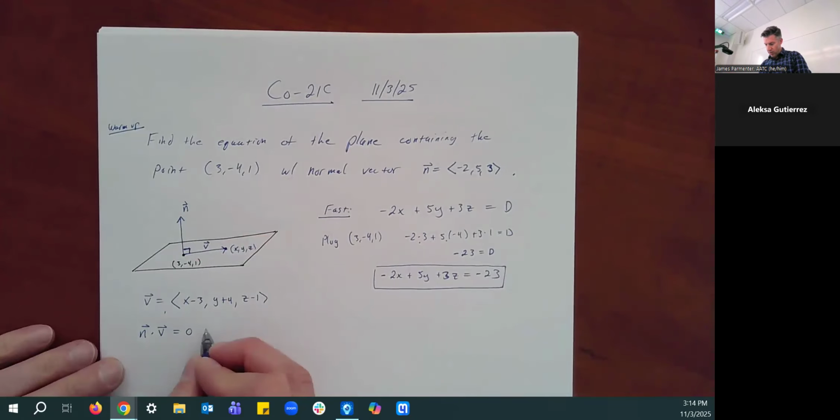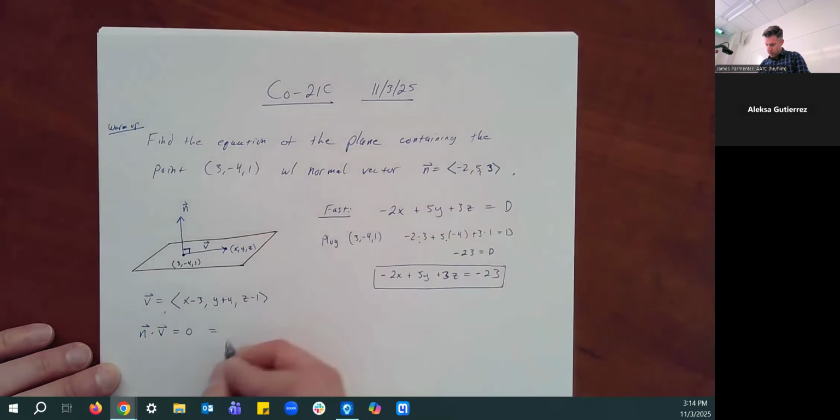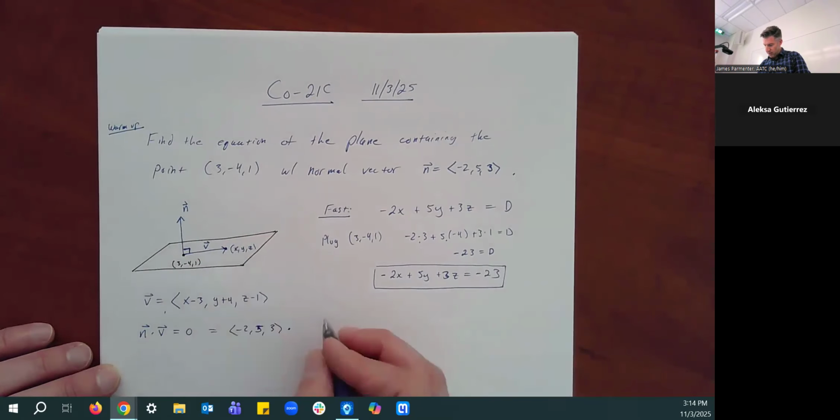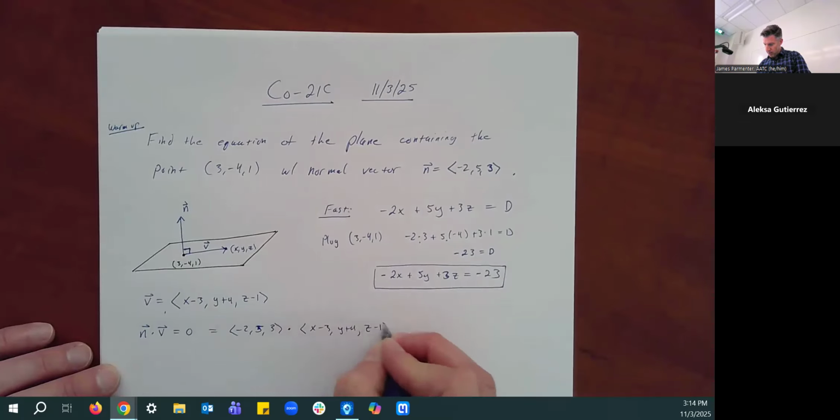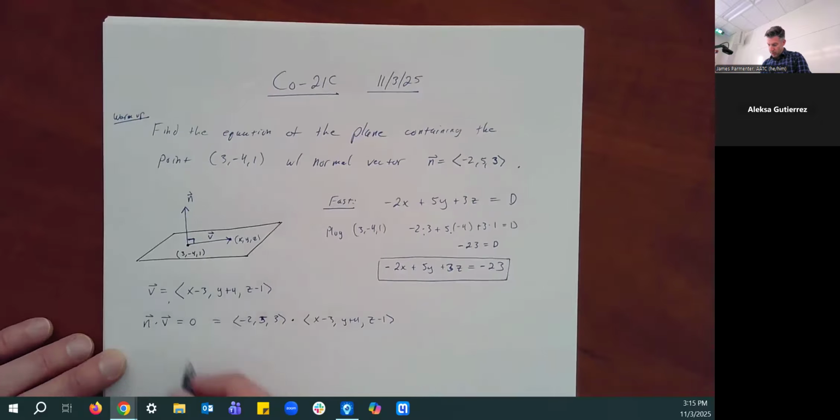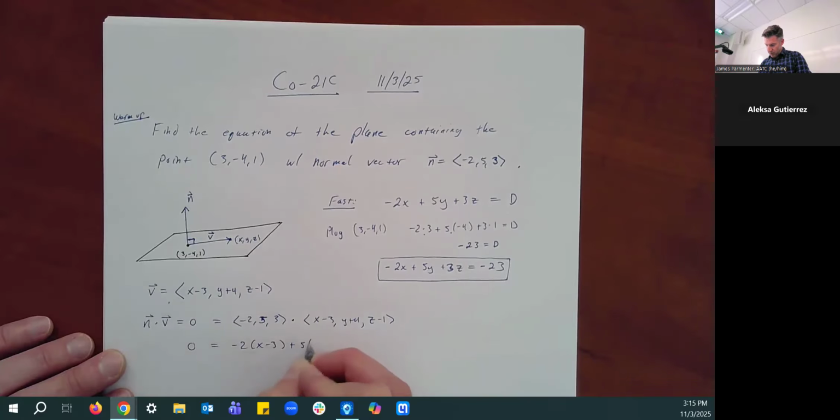So my vector n is (-2, 5, 3), dotted with (x minus 3, y plus 4, z minus 1), and that has to equal 0. So our equation becomes 0 equals negative 2 times (x minus 3) plus 5 times (y plus 4) plus 3 times (z minus 1).